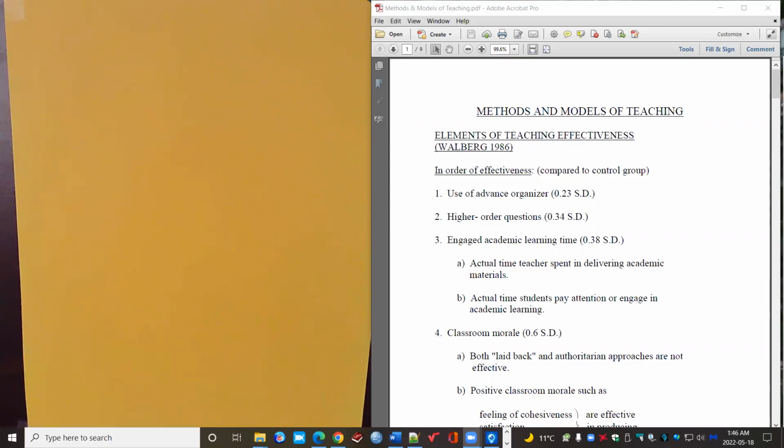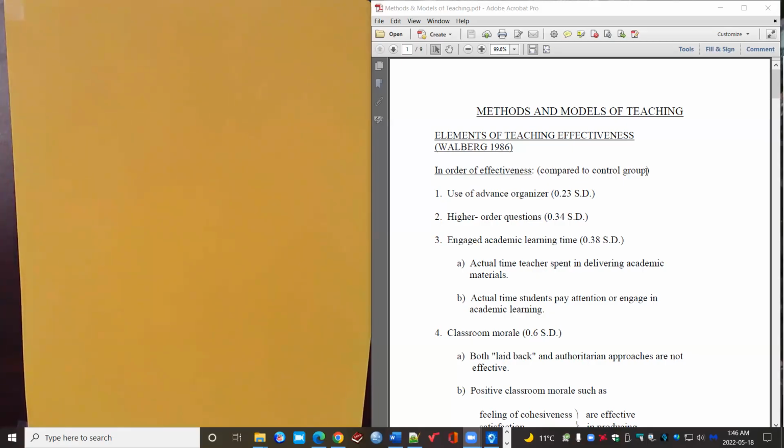That is to say, he compiled more than 3,000 studies, and then he arrived at these models, these elements of teaching effectiveness. So the results here are based on a huge amount of data, right?